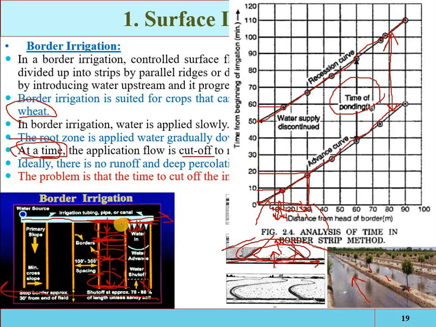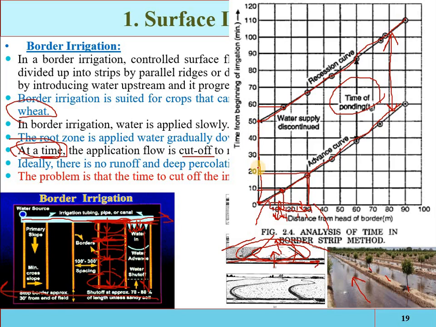See, at this starting point, when you just introduced the water, the time was 0, and when the water disappeared from this point, it took 50 minutes. So we can say the water was available for 50 minutes to infiltrate. So the infiltration opportunity time was 50 minutes.